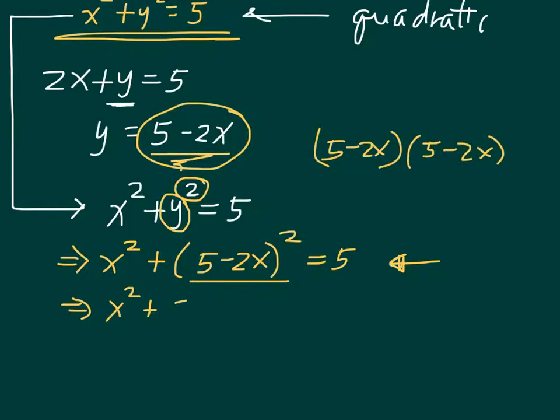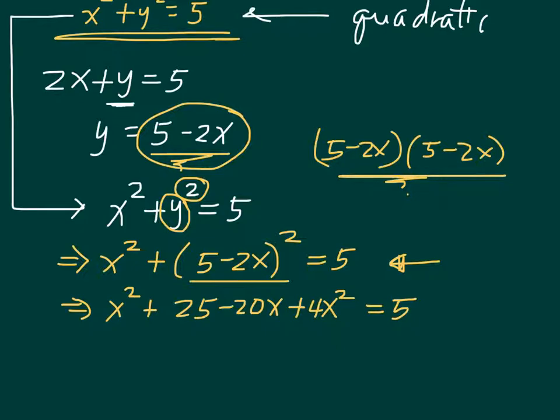So this will become 25 minus 20x plus 4x squared. I need you to review how to expand a binomial, or at least you should know how to multiply binomials. So we expanded (5 minus 2x) squared, and this is equal to 5.